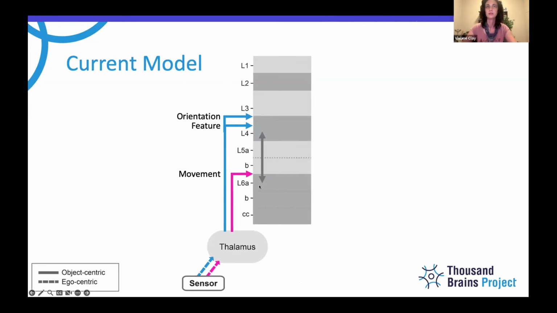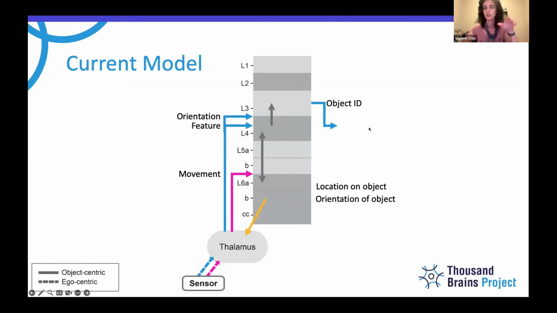And then we have associative connections between layer 4 and layer 6 that learn which features are at what locations. Layer 6 is the location on the object, and then layer 6B is the orientation of the object, and the orientation of the object can be used to rotate both the incoming movement vector and the incoming orientation feature. Over time, those activations get pooled into something one might call an object ID.